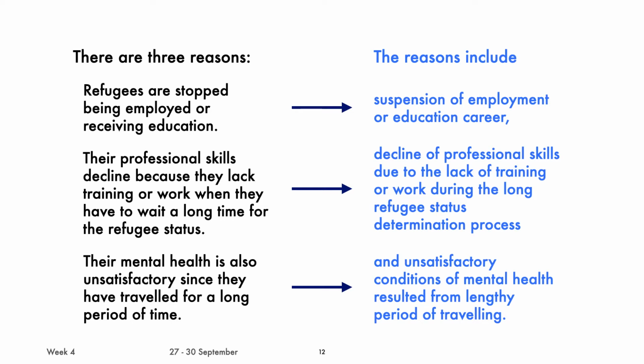Okay, a lack as a noun can also be used as a verb. And in this case, the nominalized lack would have to be followed by the preposition of, so that you can move on and expand the noun group with another noun, like the lack of training or work. And then you have the long refugee status determination process. Okay, so a very long noun phrase.